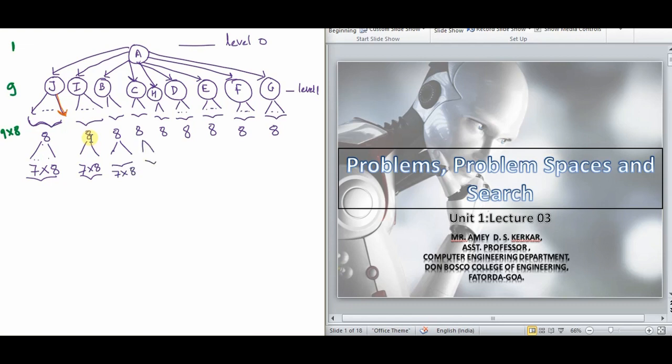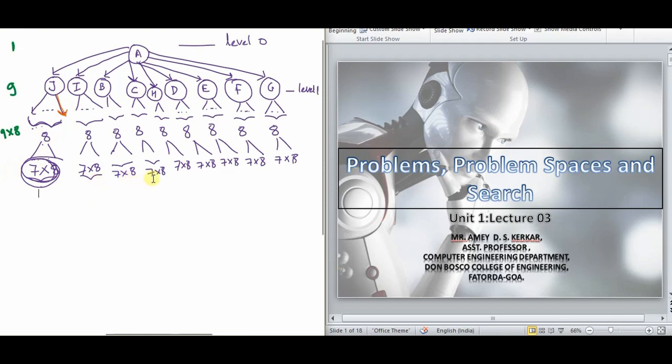So for each of these you will have 7 into 8, and for this also 7 into 8. So for each parent node here, there will be 7 into 8 possibilities, right? So at this level, level 0, level 1, level 2, at level 3, there will be 7 into 8 into how many times?